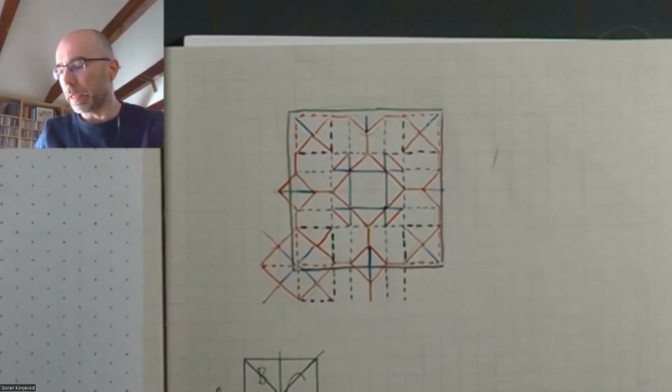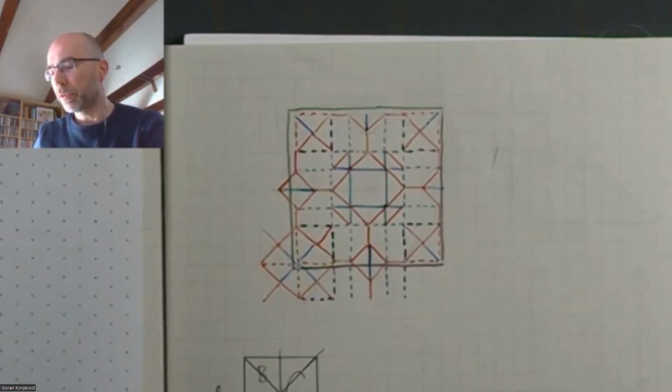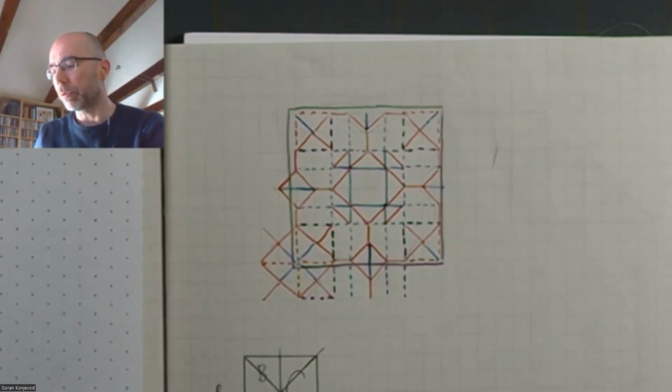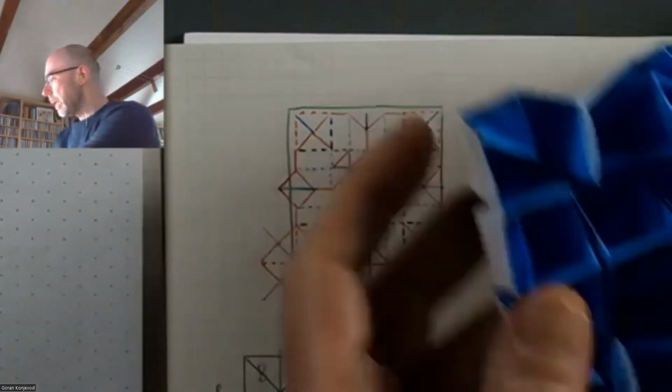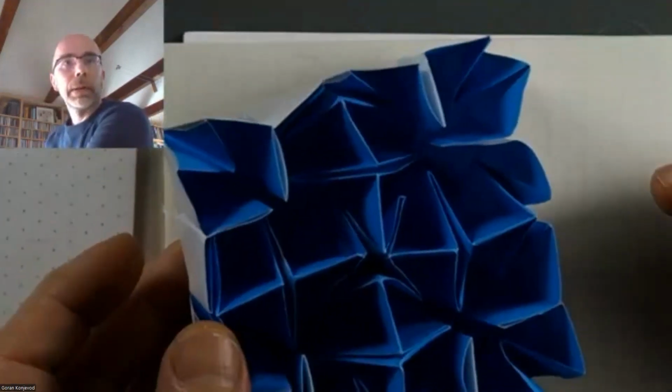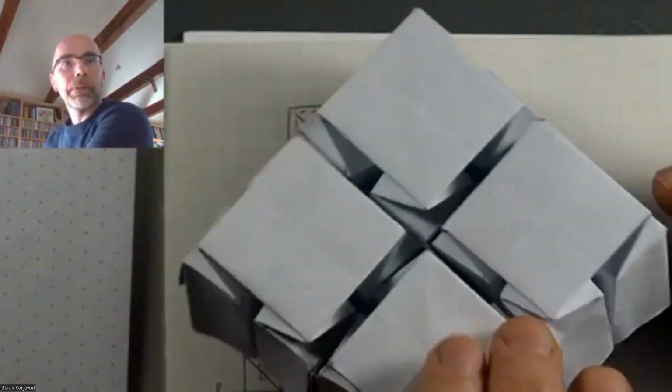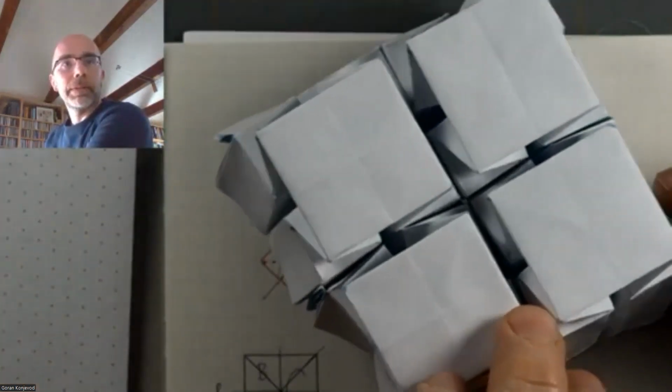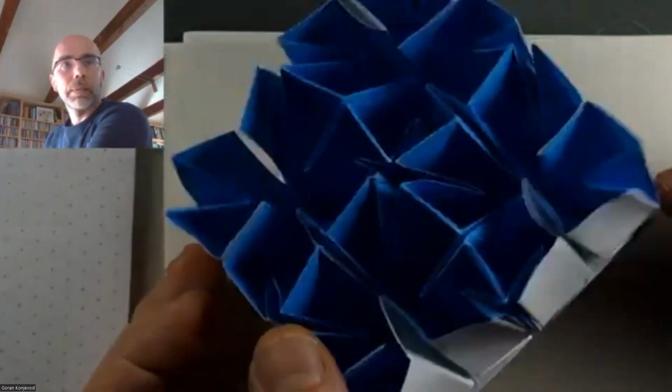At some point, I was preparing to figure out how to teach something for an online convention for one of the origami marathons, and I had this model that I submitted, and so this is basically a tessellation, but it has a 3D part.